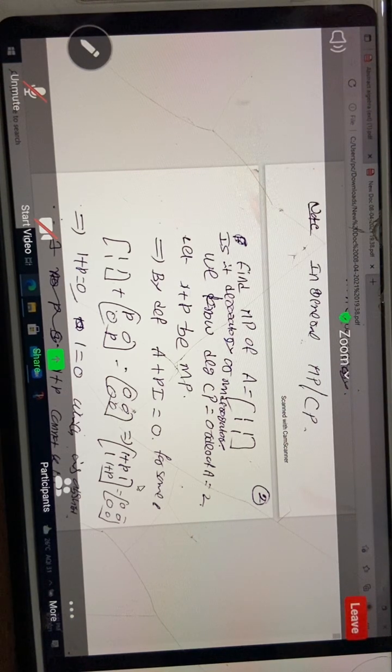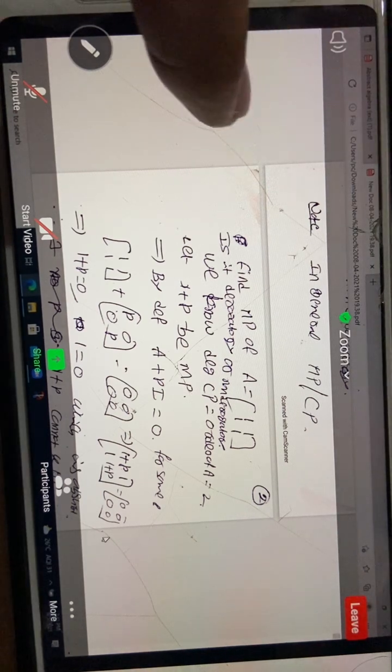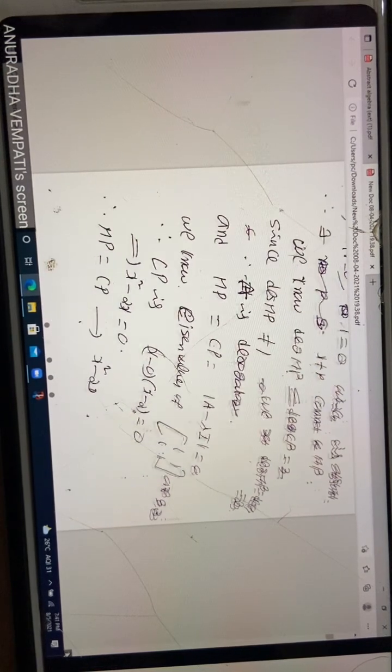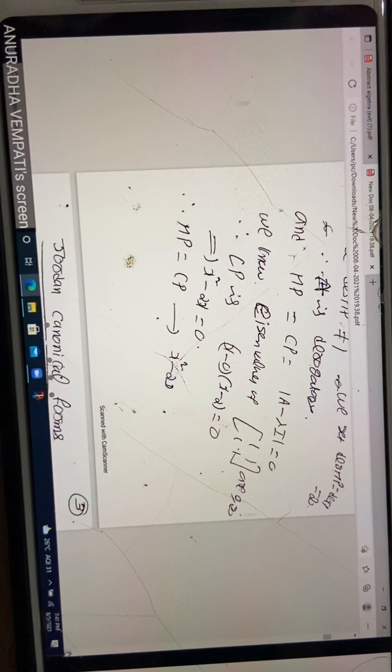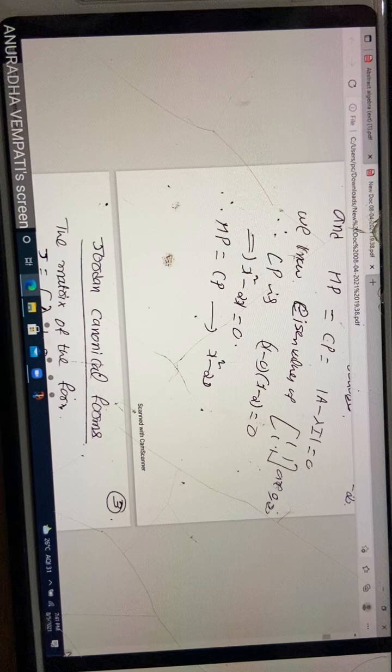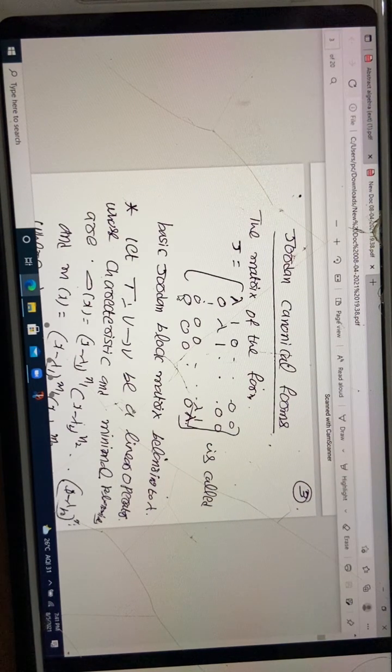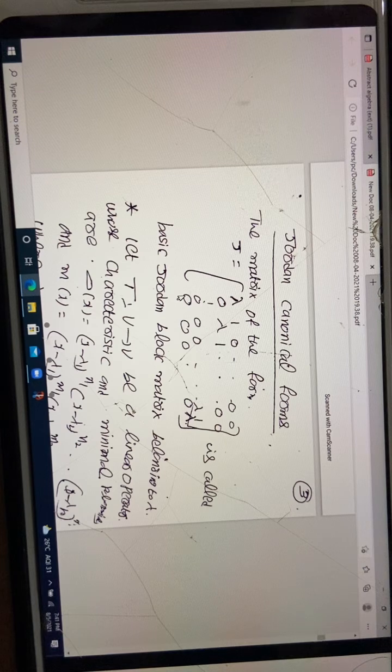But here we are not able to get a P satisfying this. Therefore the degree of MP must be equal to the degree of Cp, so we say it is derogatory. Okay, this is the one. Given a matrix, if you are asked to test, you can prove using that. But you are getting questions from the Jordan canonical form; that is the most important.